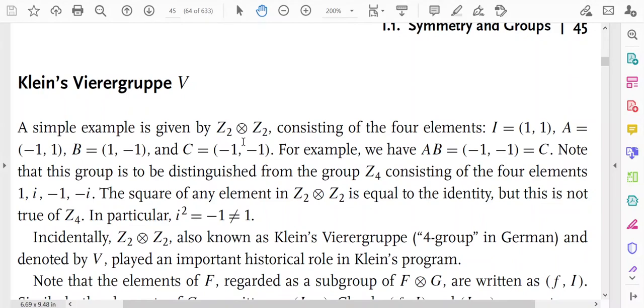Now, how Z2 × Z2 has been formed, just follow this discussion. Suppose you have 4 elements, that is I, A, B and C, and how have you obtained these 4 elements? By the direct product.